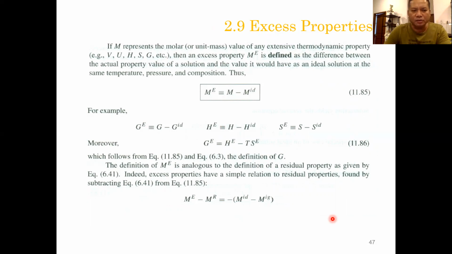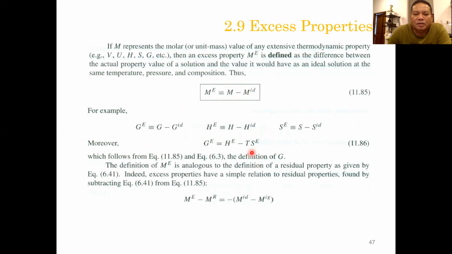Okay, it's also the same for solutions, which we define as excess property, in which the excess molar property is equal to the actual minus the ideal solution. And you can apply this for Gibbs energy, enthalpy, entropies, right? And then you apply over here, Gibbs energy equal to H minus TS here.